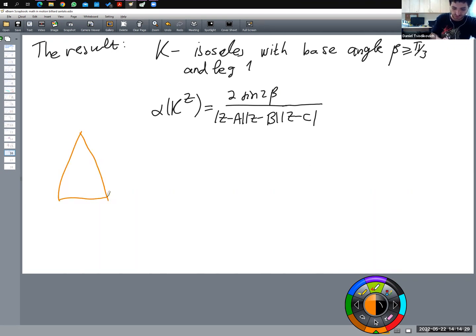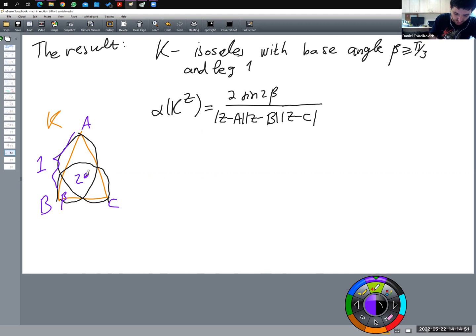And so again, this is the triangle K, and I have my 3 circle arcs. So these are A, B, C, and this is beta, and this is 1.